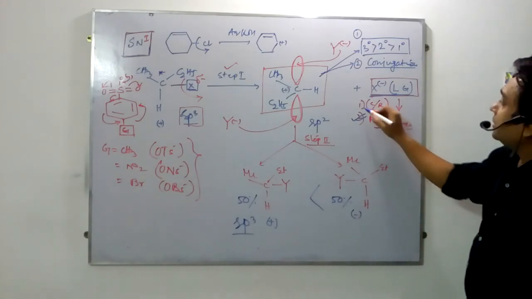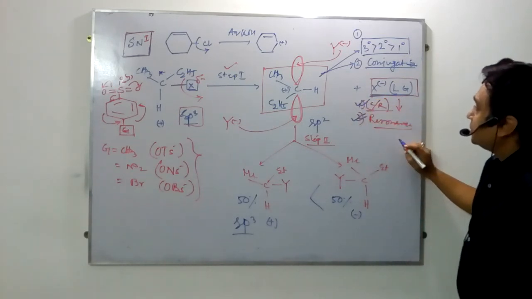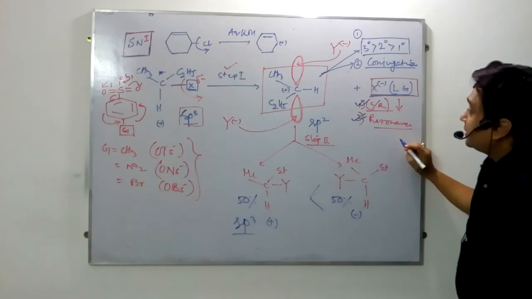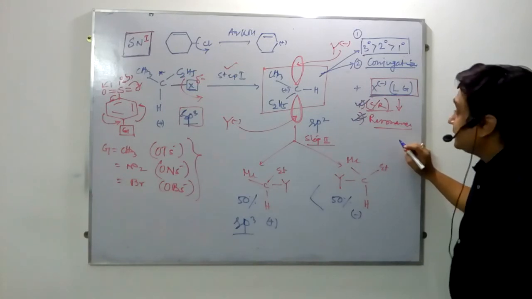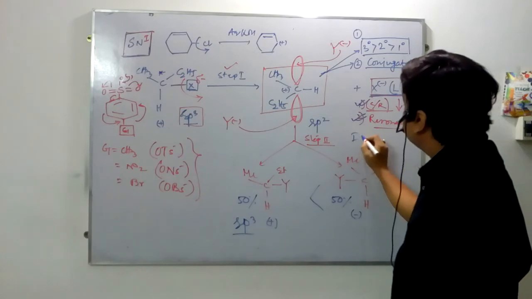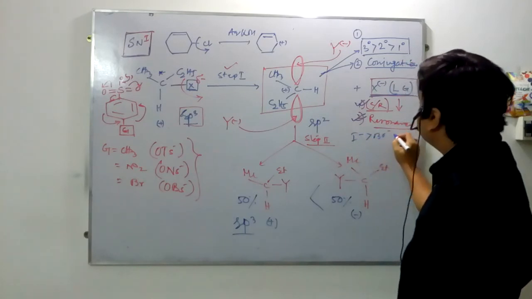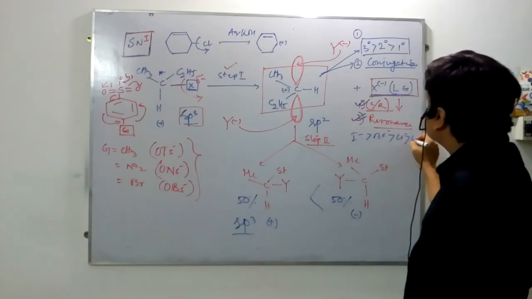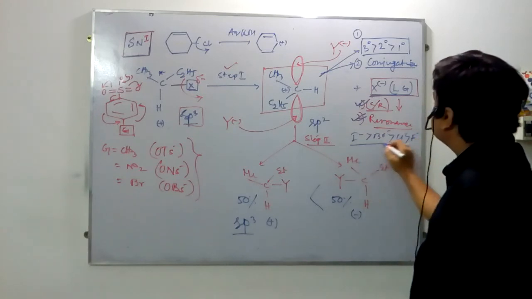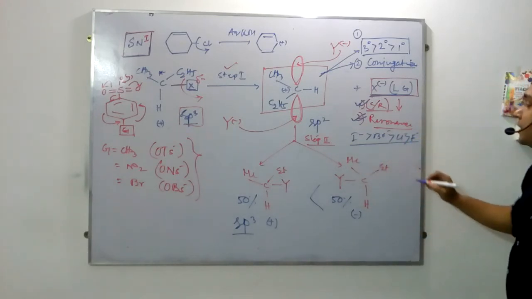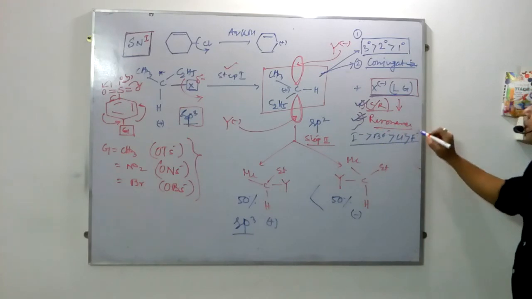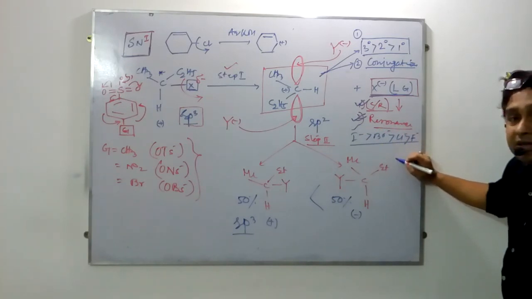And one more thing, that is the charge per radius ratio. If we only take example of halides, then the order of the leaving group is I minus, Br minus, Cl minus, and generally we don't take fluoride, but still I am writing as per the sequence that I minus is the most one and F minus is the least one.